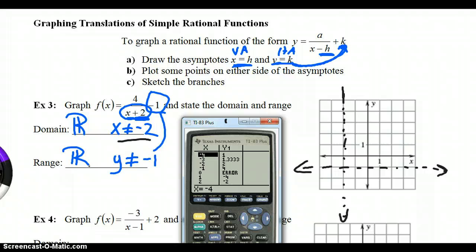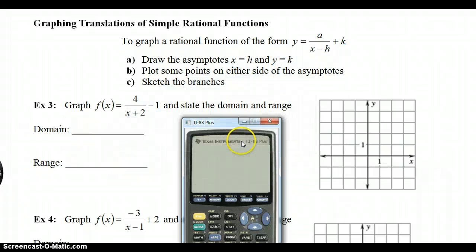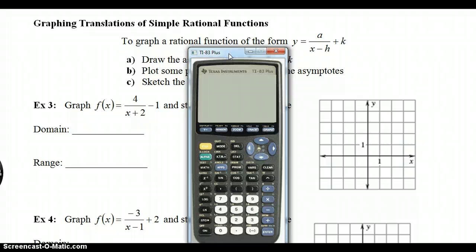Okay, so make sure that you put down your domain, your range, go ahead and sketch in your asymptotes with dashed lines, and then I'll show you when we punch it in the calculator how we'll get the shape. So when we put in the y equals, be careful that we have y equals 1 divided by, and in this case, the whole bottom is x + 2, so you have to put that inside of parentheses.